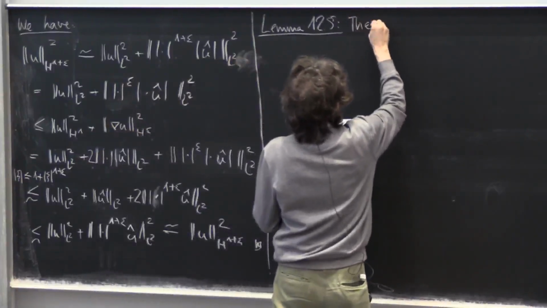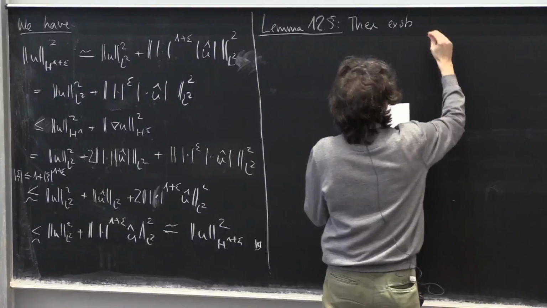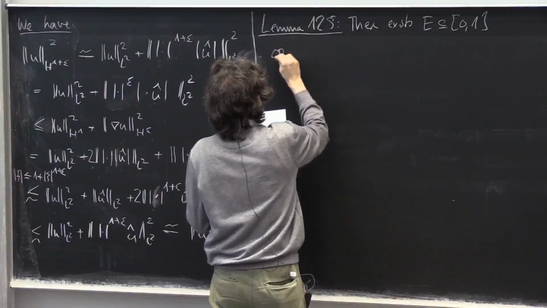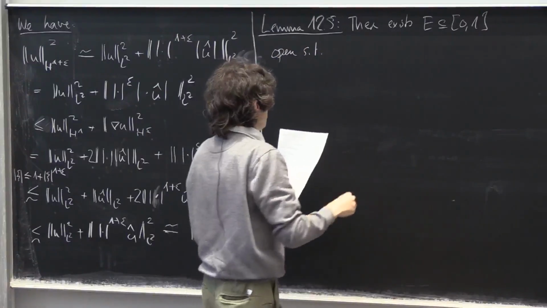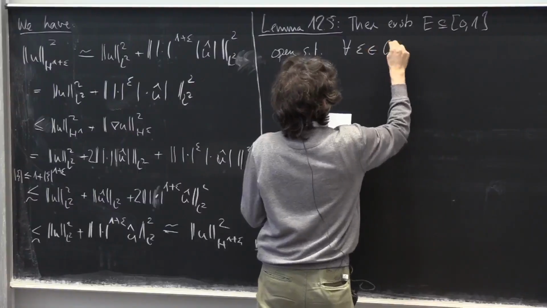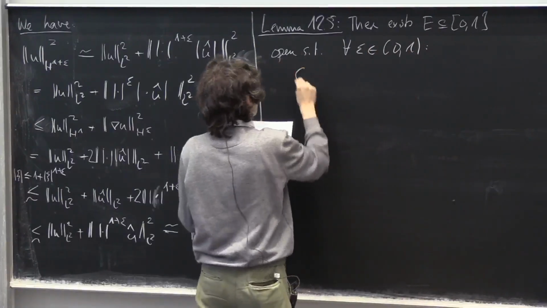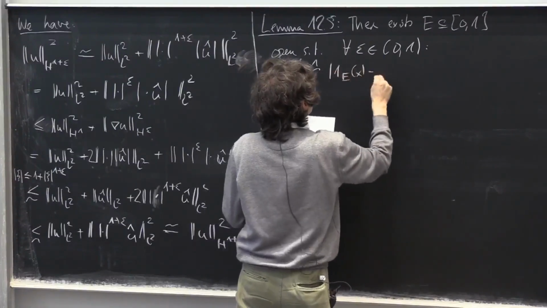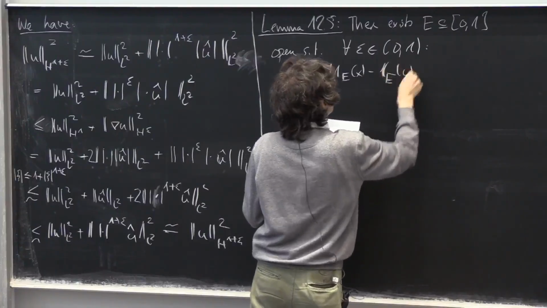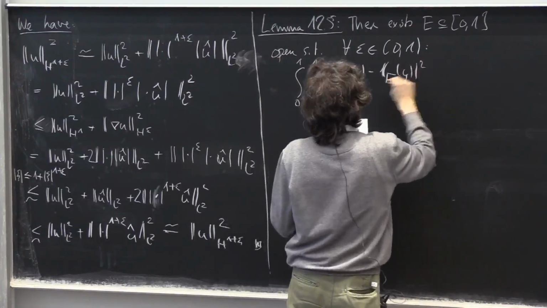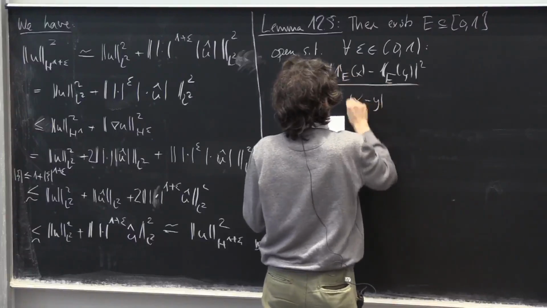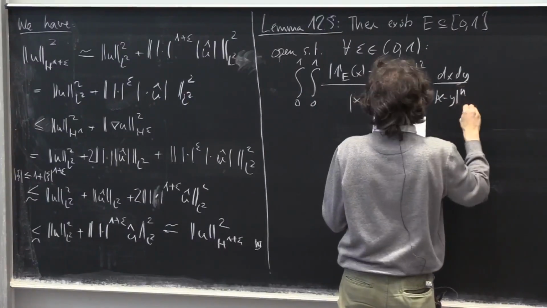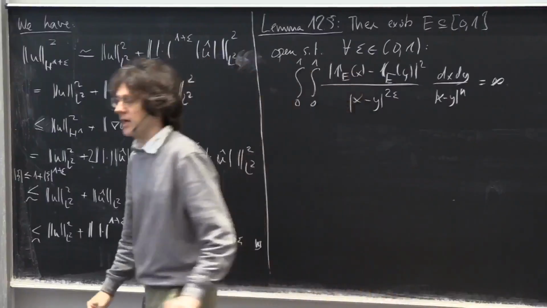So I claim there exists some set E, an open subset of the closed interval [0,1], such that the following holds for every epsilon between 0 and 1: the double integral over [0,1] times [0,1] of the squared difference of the characteristic function of E at x minus the characteristic function of E at y, divided by |x minus y| to the power of n plus 2 epsilon, integrated with respect to dx dy, is infinite for every epsilon.